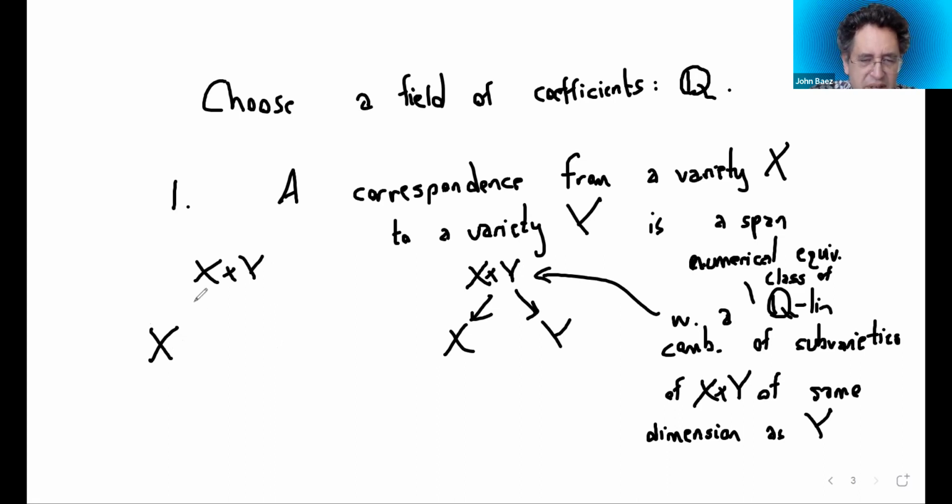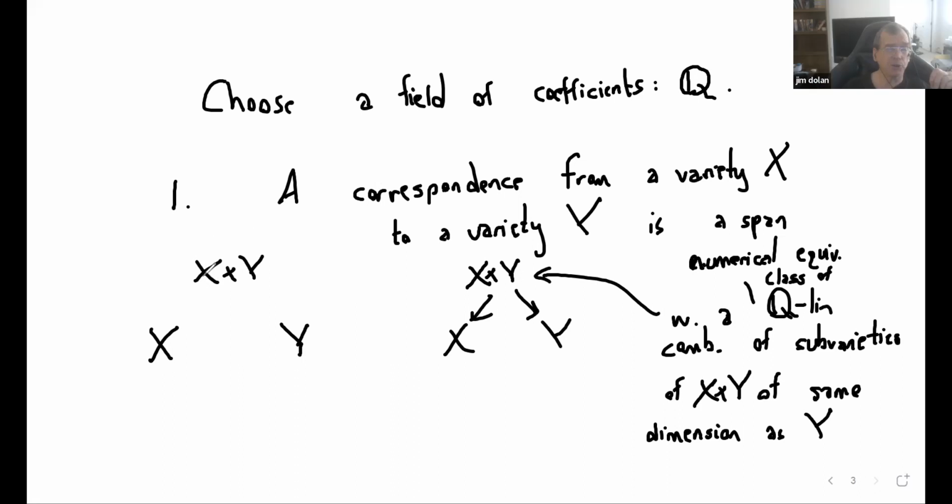If you had a map from Y to X, then you would take the graph as the cycle, the cycle that just consists of the graph of that map.